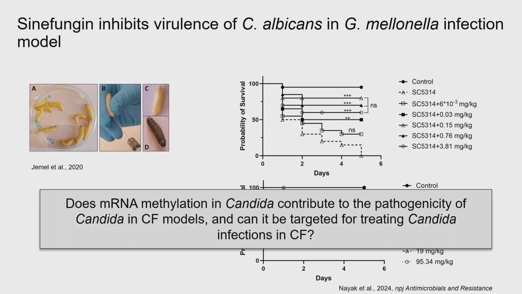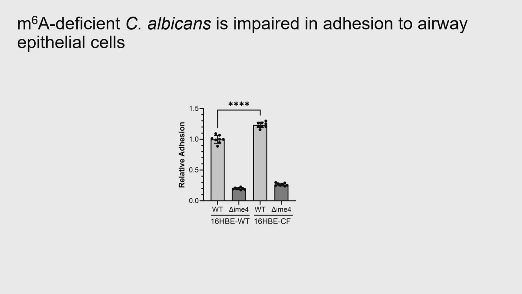So at this point, we wanted to look at a more practical context. So we teamed up with Niall McCarthy's lab at Emory to look at whether this mRNA methylation in Candida contributes to the pathogenicity of Candida in CF models, and whether it can be targeted by sinefungin.